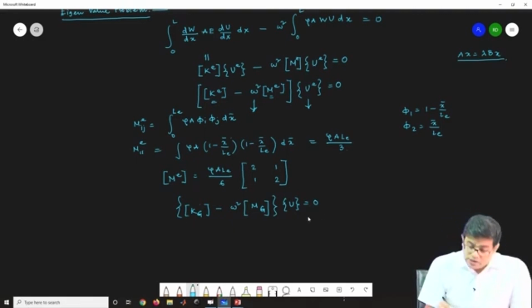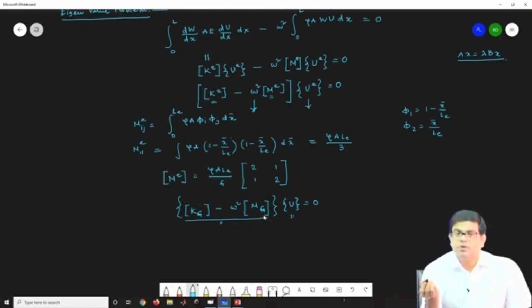This is a homogeneous system, so the product of these two is 0: either this equals 0 or this equals 0. u equals 0 is the trivial solution, which we don't want. A non-trivial solution will only arise if the determinant of this quantity is 0. The determinant of this quantity will lead to my characteristic polynomial, and then I can find the roots based on the number of degrees of freedom I consider.